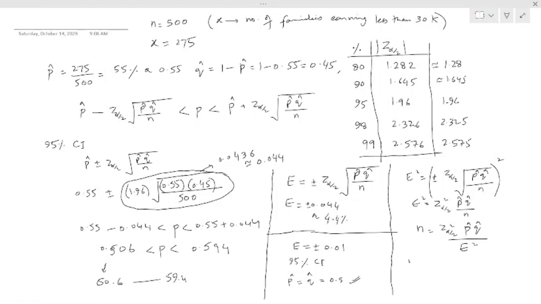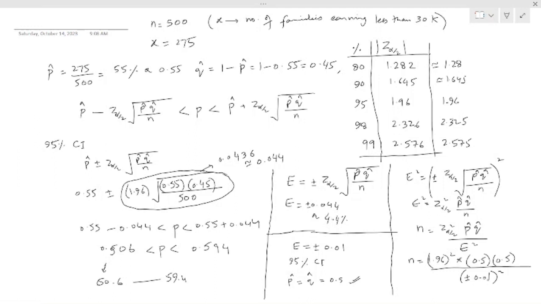We are going to substitute the values in the formula: 1.96 squared, times 0.5 times 0.5, and divided by plus minus 0.01 squared. Over here you can take notice that I am substituting the margin of error with plus and minus sign, but it won't make a difference in the answer because it is e square that is mentioned in the formula.